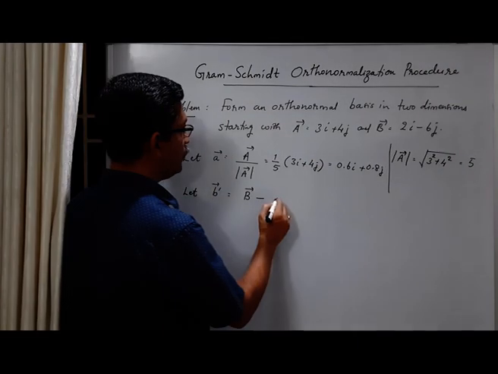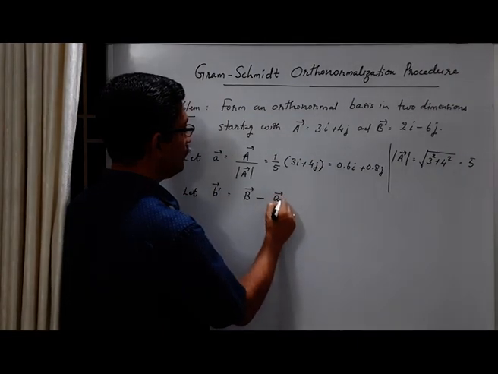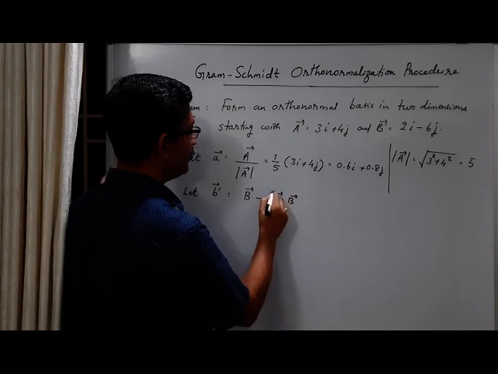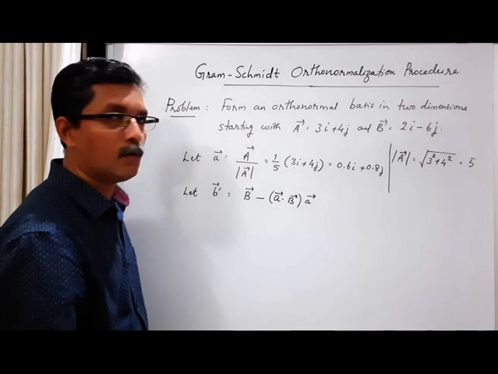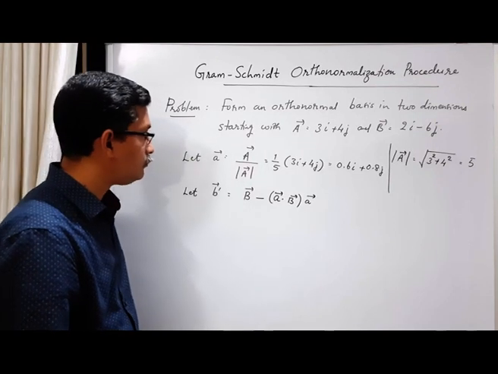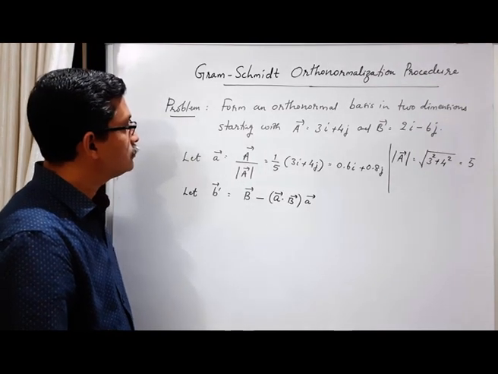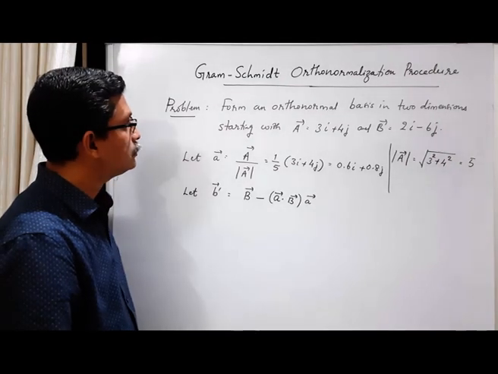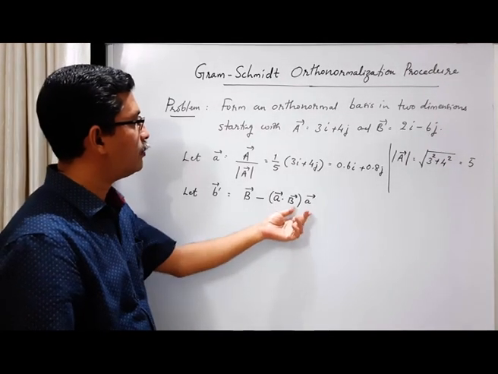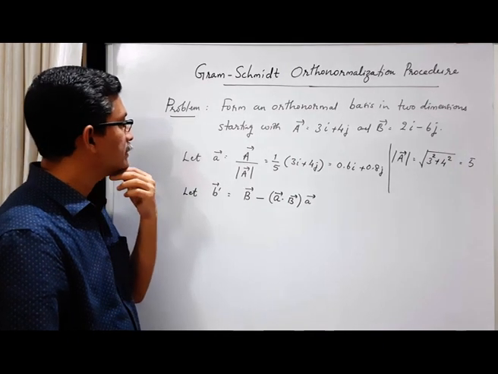For that you have to take the dot product of a with b, along the direction a. So we want to find this a dot b along the direction a.